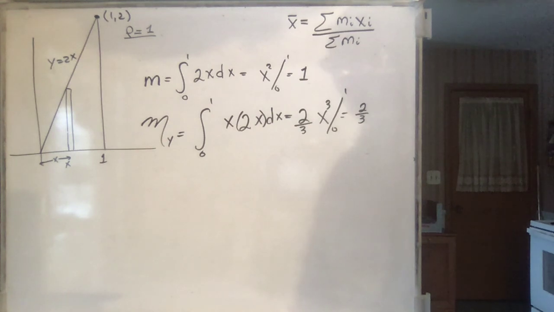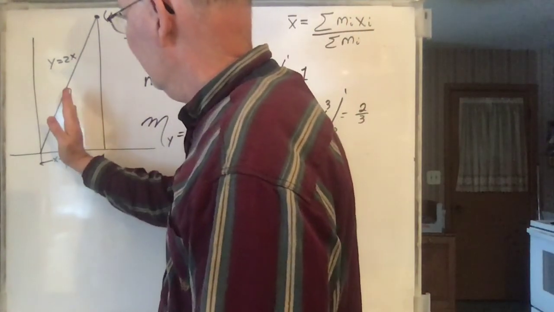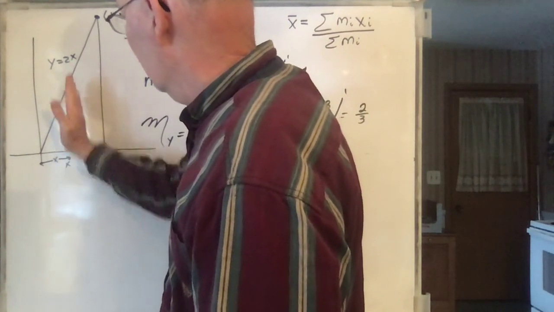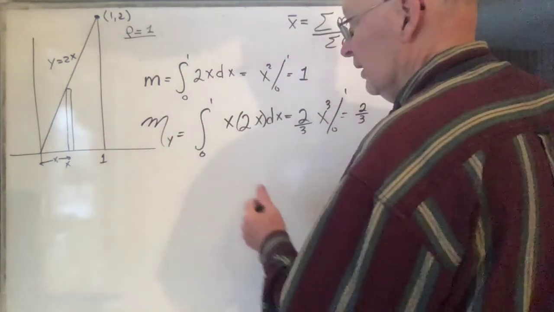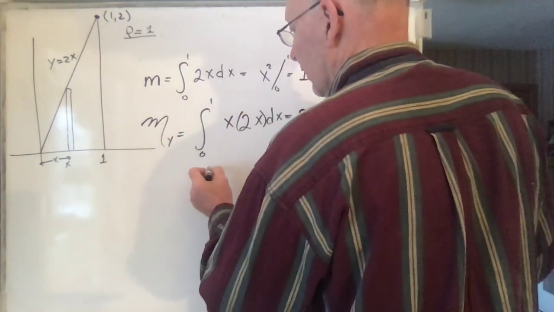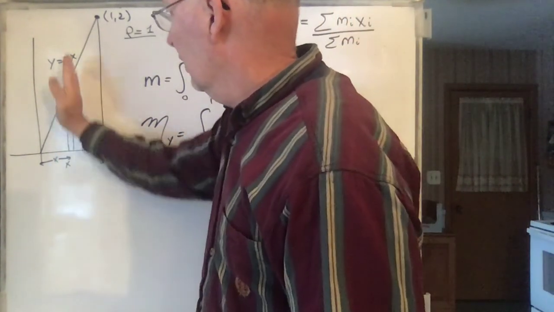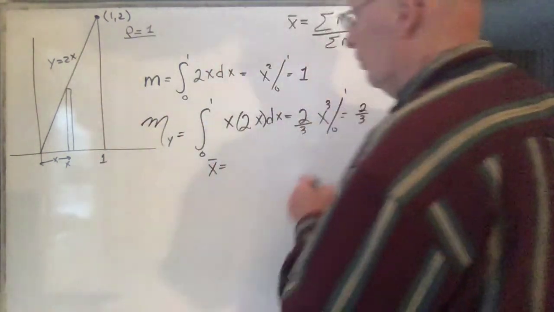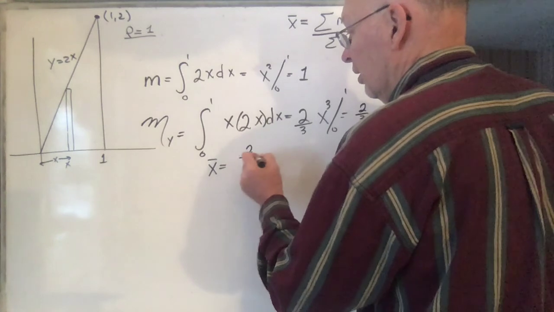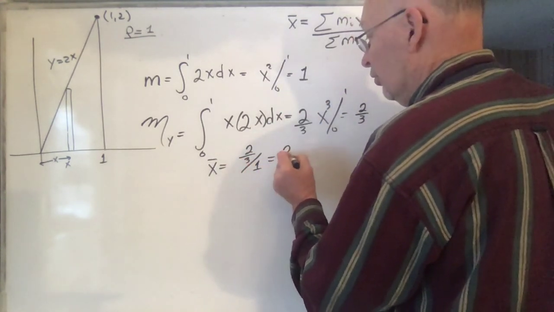So there's your moment, and so then what's going to be the place where I would balance it along the x-axis so that it would balance? It'd be just the x coordinate of the center of mass, which is going to be just 2/3 divided by 1, which is 2/3.